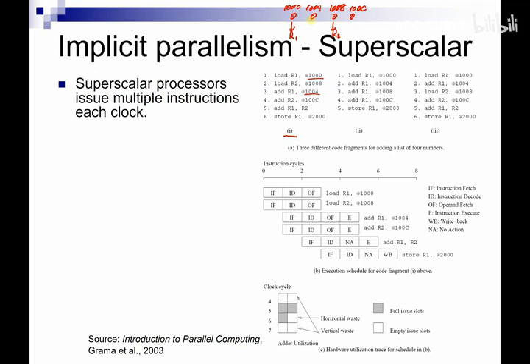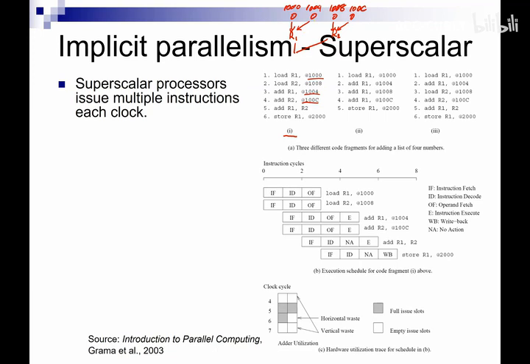Then on the third time step, we're going to add these 2 values together. And then on the fourth time step, we're going to take the value at 1012 and add it to the value from 1008, which is in register 2. And then lastly, we're going to add up the values in register 1 and register 2.